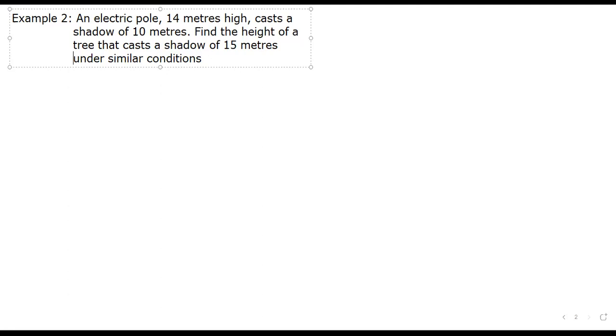So is it a case of direct proportion? Yes, sir. And what is directly proportional to what? Height of the object and the shadow.